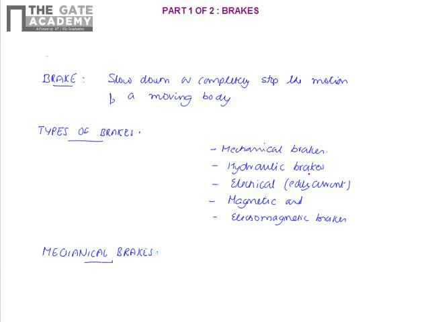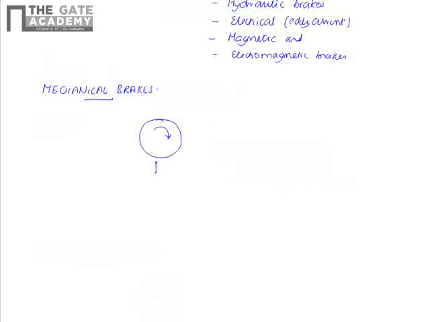Mechanical brakes work on the frictional resistance principle. In mechanical brakes, the artificial resistance created using frictional contact between a moving member and a stationary member stops the member. That is, if you have a moving member which is rotating at some speed, when you apply the brake, you are bringing a stationary member in contact with this moving member, and it exerts a normal force, which is pressure times area.